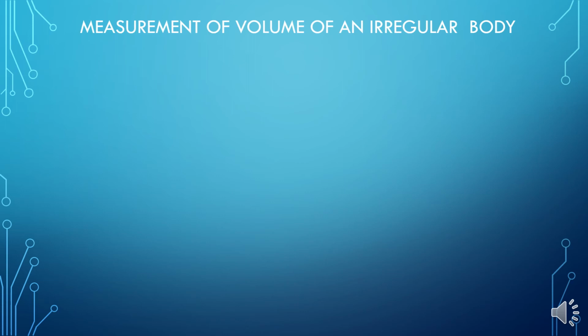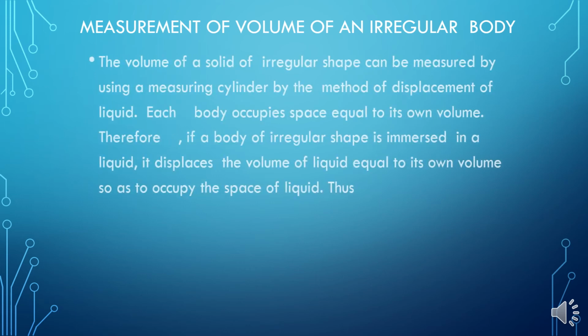So by substituting the values in their formulas, we can find out their volume very easily. But if we need to find out the volume of an irregular body like a stone, its shape is not defined, whether it is a cube, cuboid, sphere, cone, cylinder, etc. So how do we find out its volume? So here is the method.